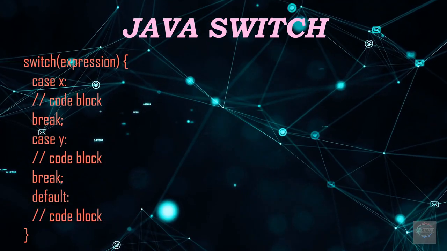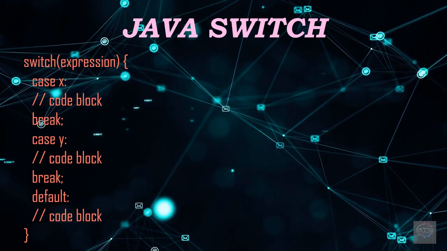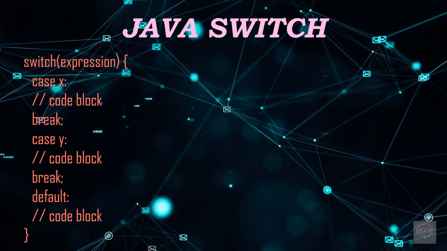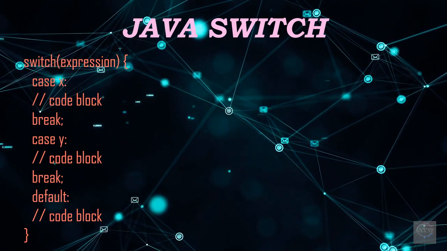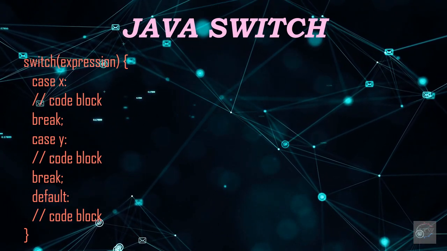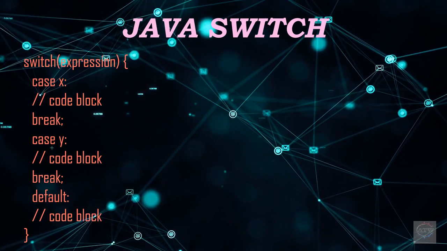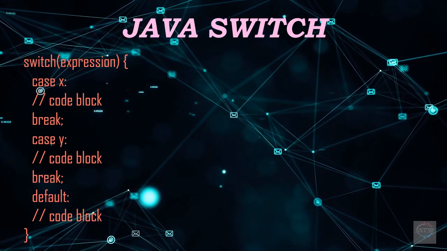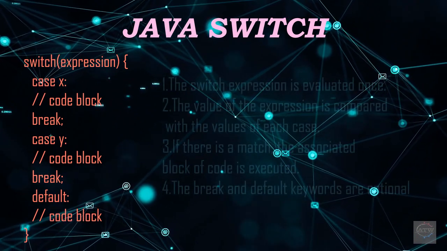Break immediately comes out, or else go to case 2 and execute the block of code if it meets. Finally, if it doesn't meet any of these criteria, we have a default code. It's not mandatory, but there is a default code which you want to print to the user. So this is the syntax for Java switch.